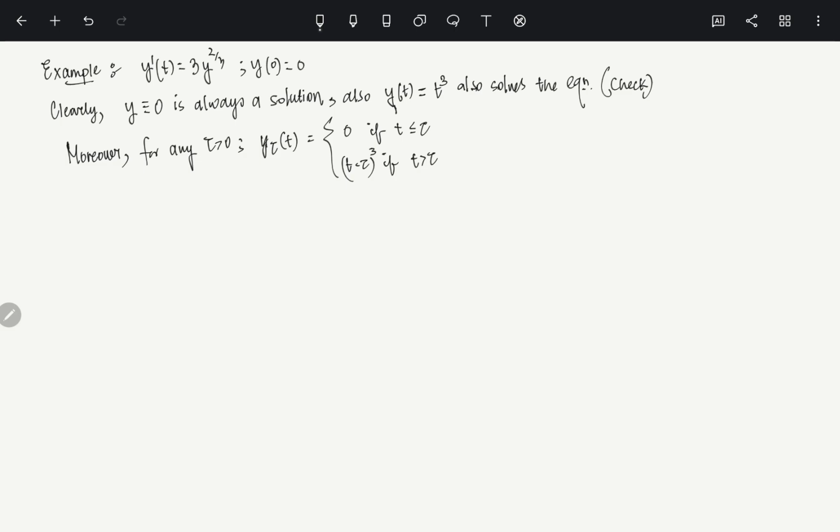So you do realize that an initial value problem doesn't have to have a unique solution, right?